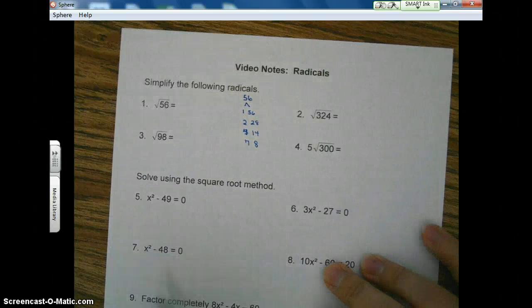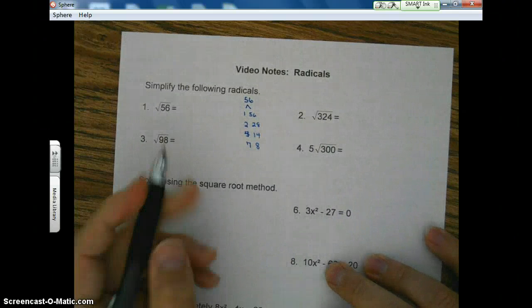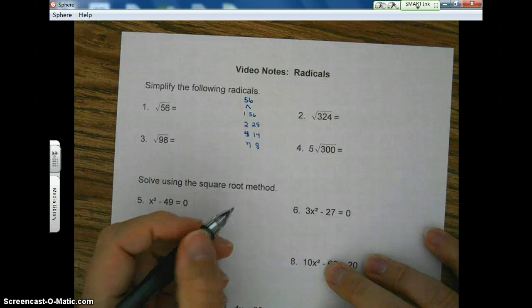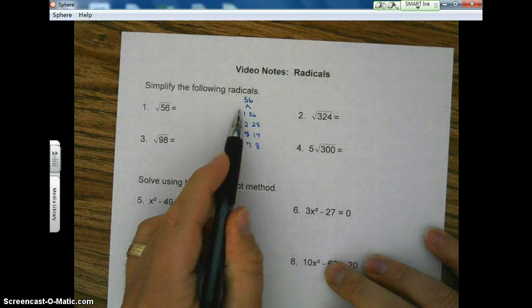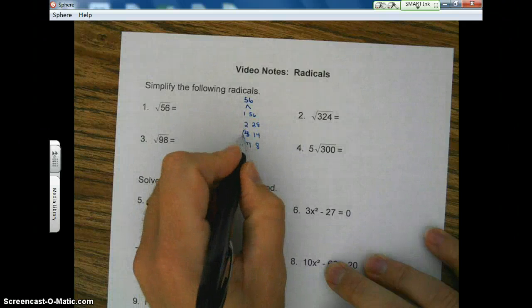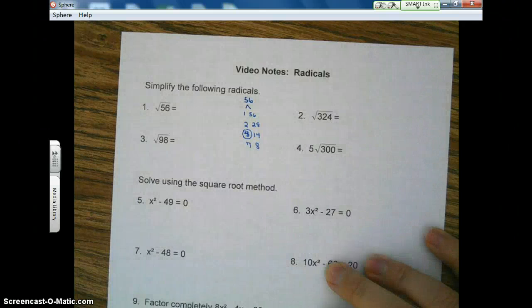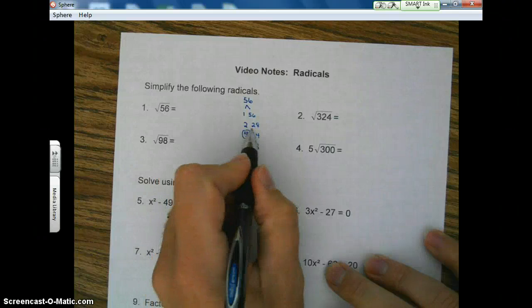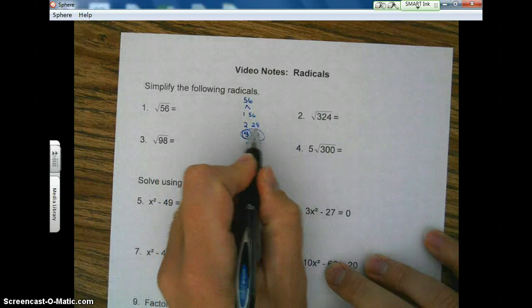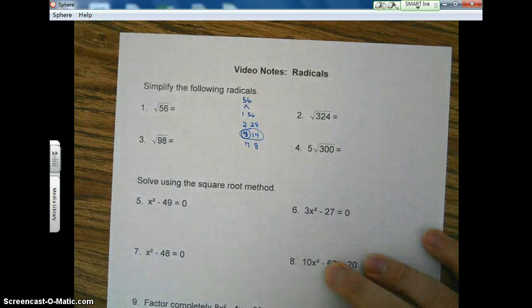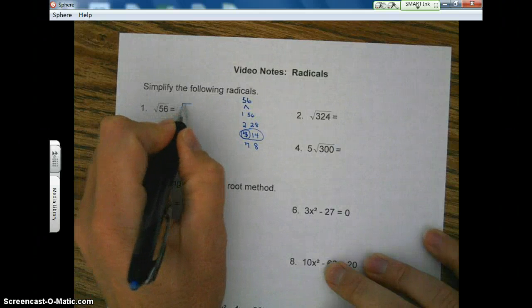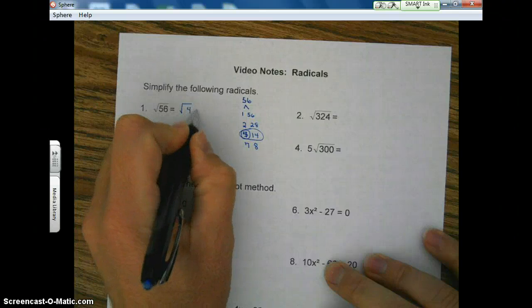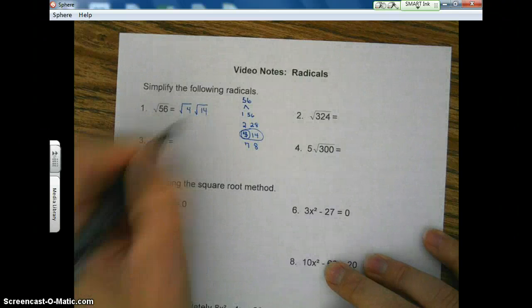So when simplifying a radical, what we're looking for is the perfect squares. So do y'all see any perfect squares in here? Yeah, right there, there's a perfect square. So we want to use this. We want to break 56 down to the square root of 4 times the square root of 14.